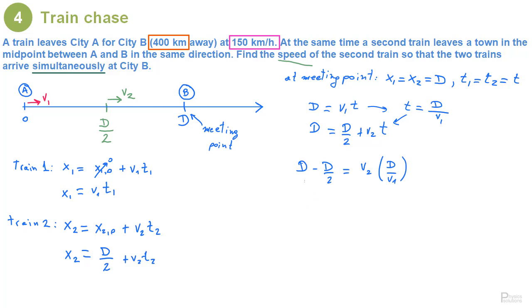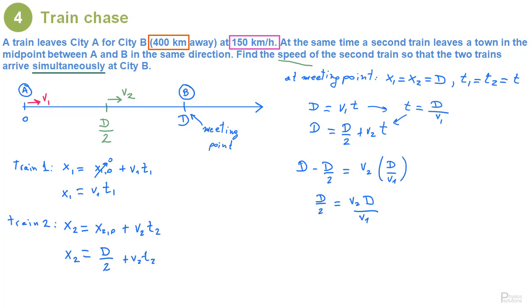The left-hand side can be simplified. D minus d divided by 2 is the same as d divided by 2. So this becomes d divided by 2 equals v2 times d divided by v1. The quantity we're looking for is v2. So we need to pass this v1 to the other side and also the d to the other side.